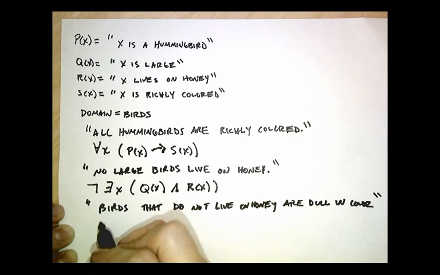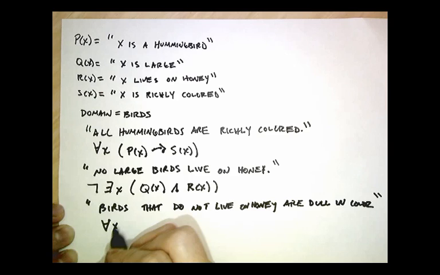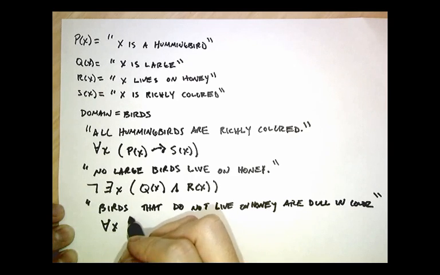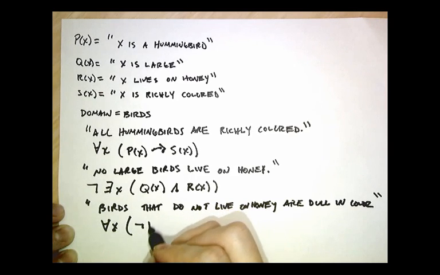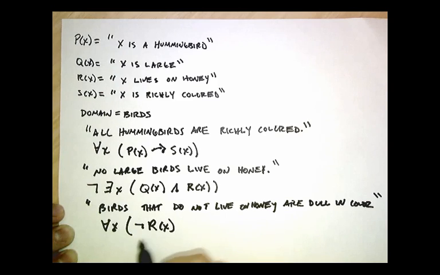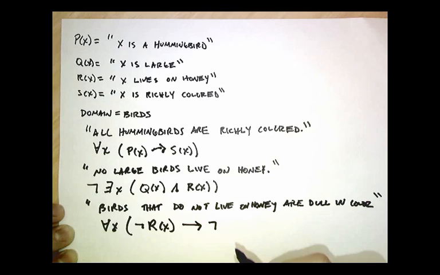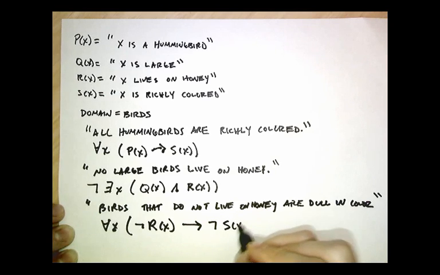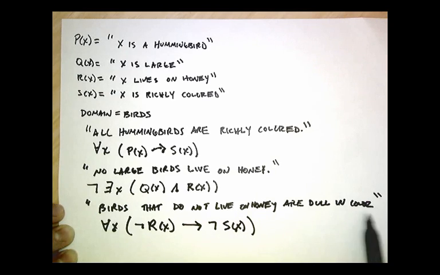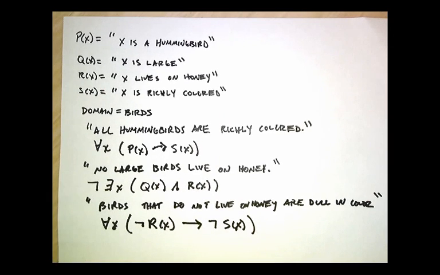Okay, so that means that for every bird, if you do not live on honey, that implies that you are not richly colored. Okay, so being dull in color is, we're assuming here, the opposite of being richly colored.